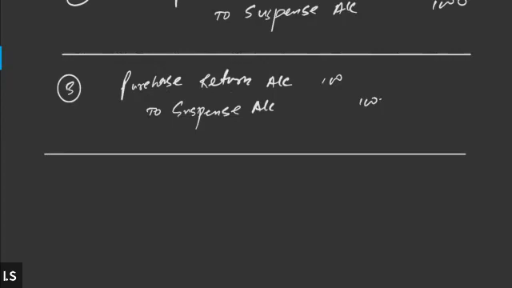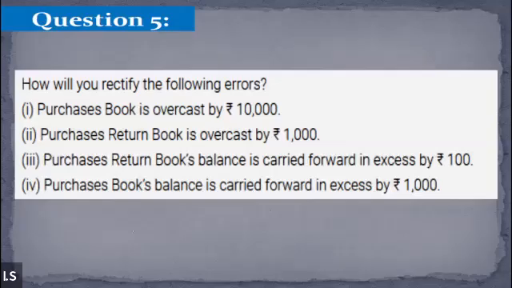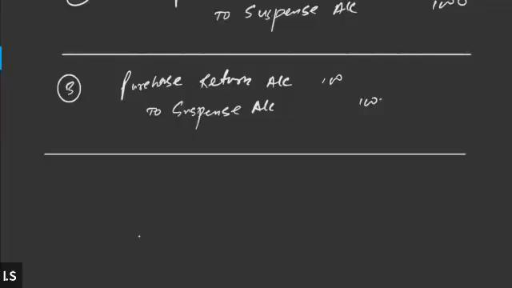Next, the fourth one: purchase book's balance is carried forward in excess by rupees 1000. The purchase book always has a debit balance, and we have carried forward the balance of the purchase book in excess of rupees 1000. That means in order to nullify this effect, we will now have to credit the purchase account.